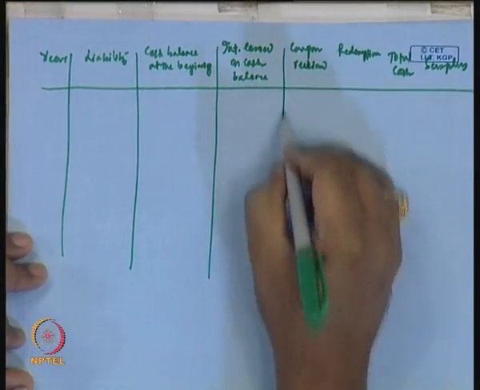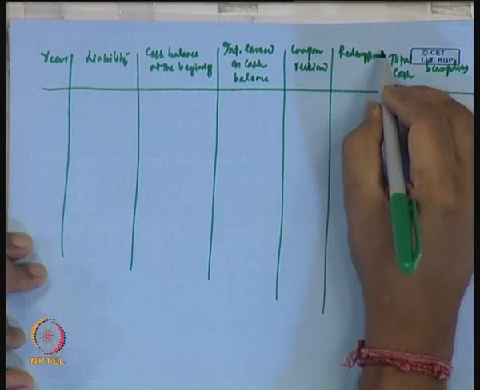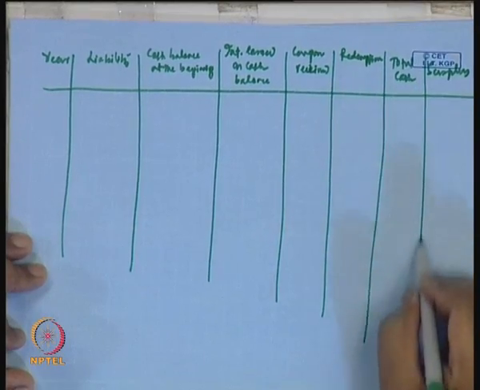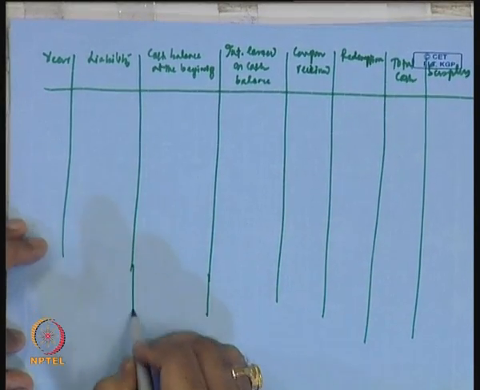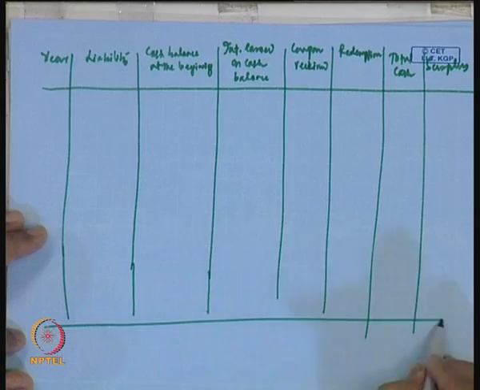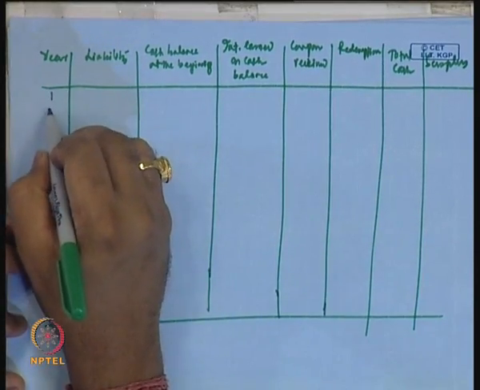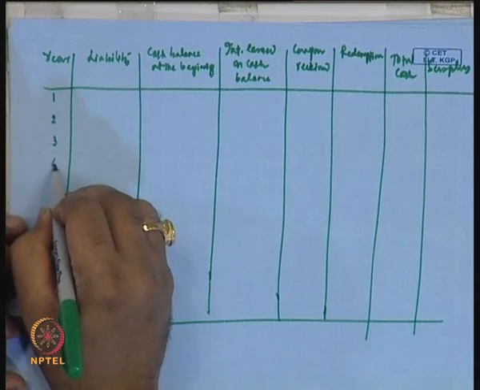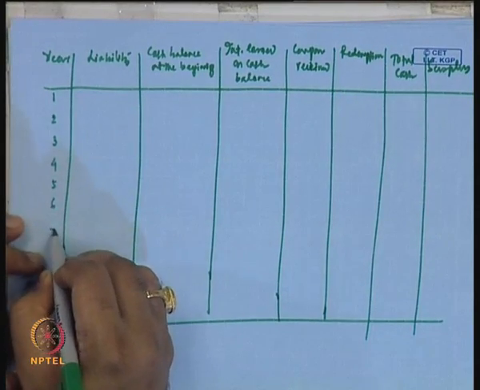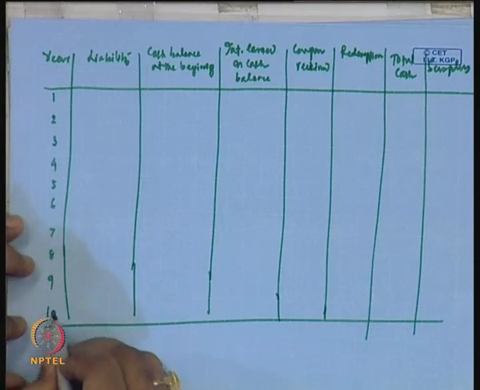If this is the way you want to study these bonds, then we can see how the matching is taking place. Years 1, 2, 3, 4, 5, 6, 7, 8, 9, 10.